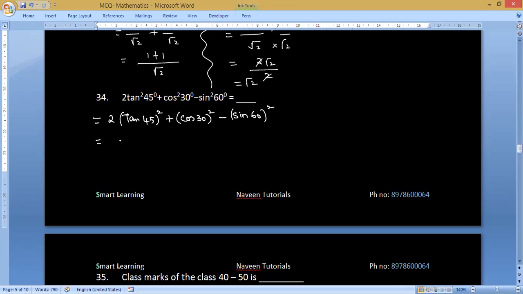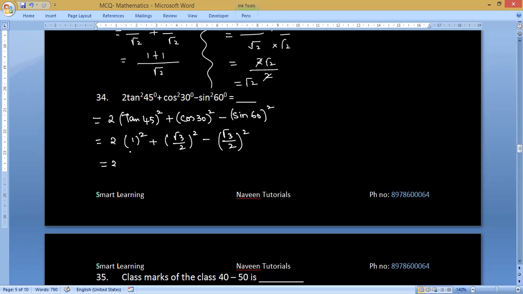So 2 tan 45, tan 45 is 1, square. Then cos 30, cos 30 is root 3 by 2, whole square. Then sin 60, sin 60 is also root 3 by 2, whole square.